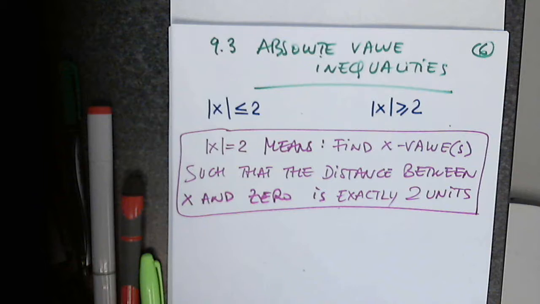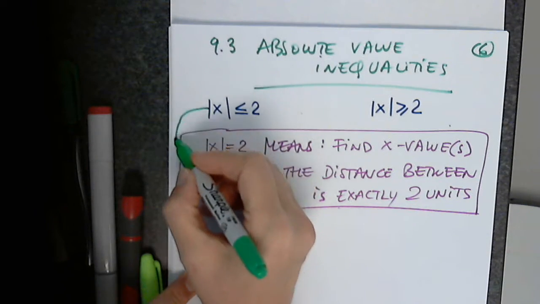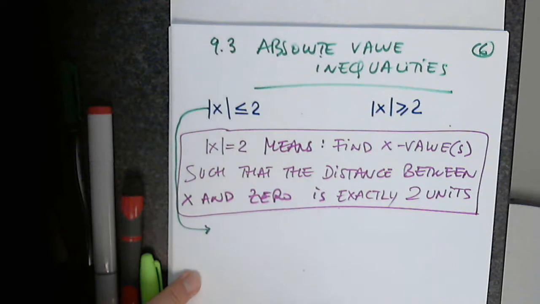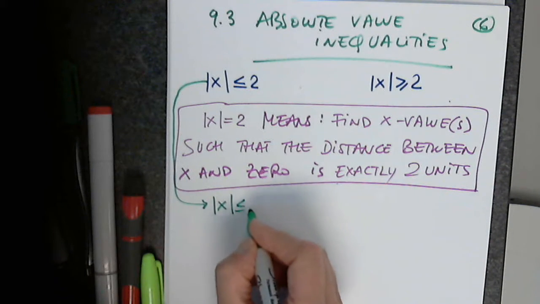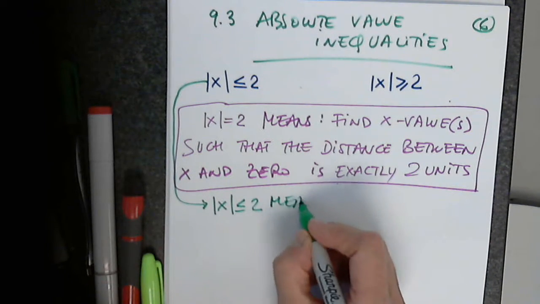You don't have to memorize anything. If you understand what we're writing here, you should never have to memorize this. Okay. Now, can anyone tell me what I should write for this one? When I say the absolute value of x less than or equal to 2, what does this mean?